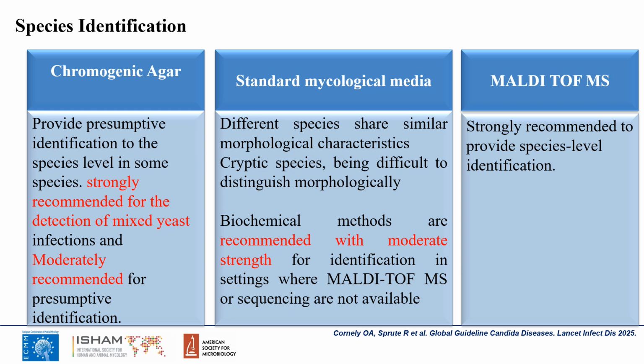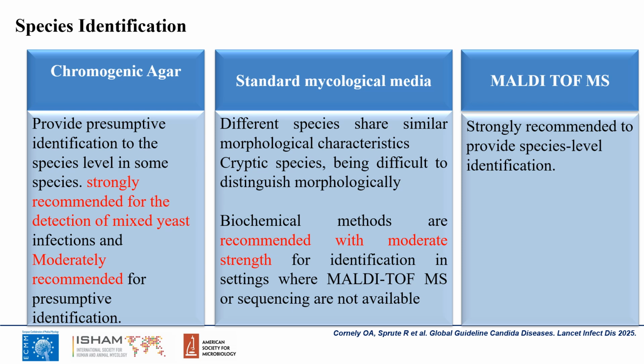This is especially important in mixed yeast infections, which account for 2 to 3% of candidemia cases and are particularly concerning in patients after solid organ transplantation and surgery. To detect those mixed yeast infections, usage of chromogenic agar medium is recommended.